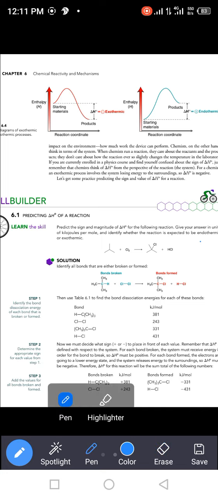In this second graph, the starting material, the reactants, have a minimum amount of enthalpy, and the product has maximum enthalpy. This means the reactants have to travel a maximum distance, like a person traveling upward to the top of the hill.